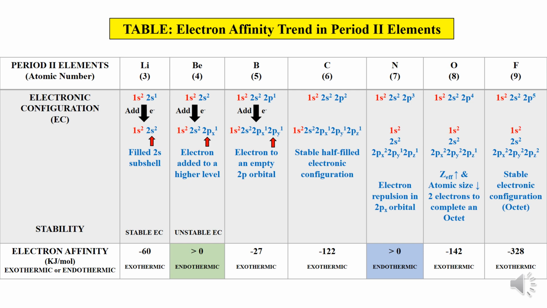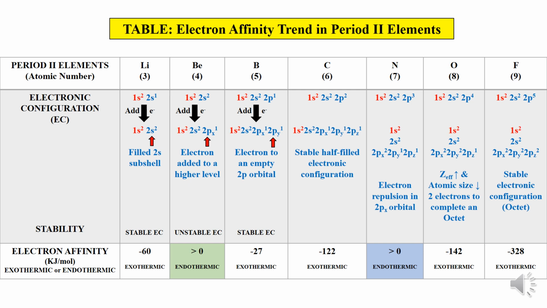One more factor is that it is very close to achieving a stable half-filled electronic configuration. That is one of the driving forces. And therefore, it has a partially stable electronic configuration, and that is reflected in the negative electron affinity value, exothermic in nature. So it is not completely favorable, but partially it is favorable.